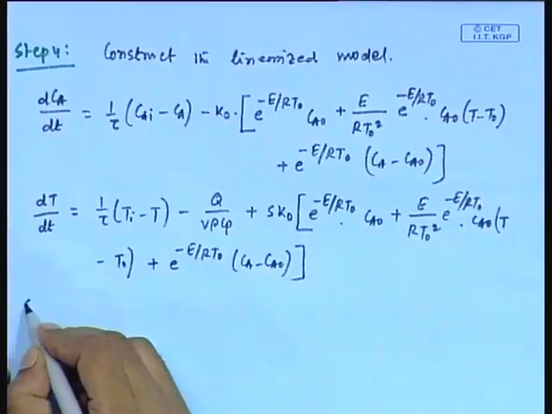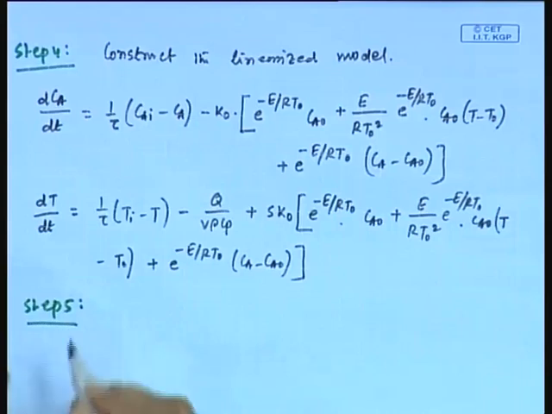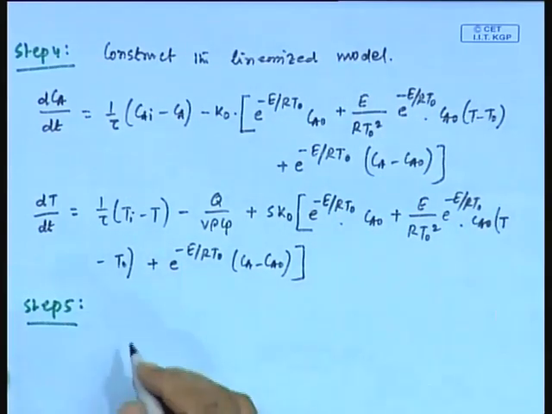In the next step, we need to write the modeling equations at steady state, because ultimately we have to write the linearized equations in terms of deviation variables. So, step 5 is: we have to write the modeling equations at steady state.